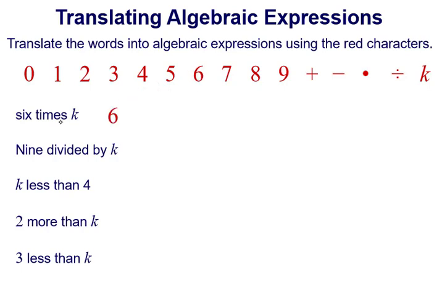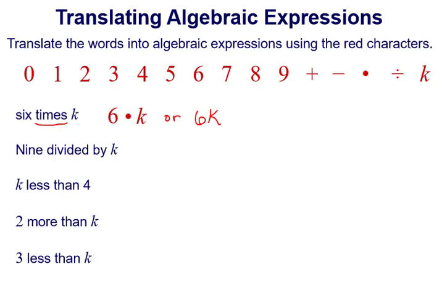Times is our clue word here for the operation. Times is going to indicate multiplication, so we'll use the multiplication dot, and we're multiplying by k. So we can have 6 multiplied by k, or you can have a different way of writing the multiplication. Maybe it could also be 6 times k.